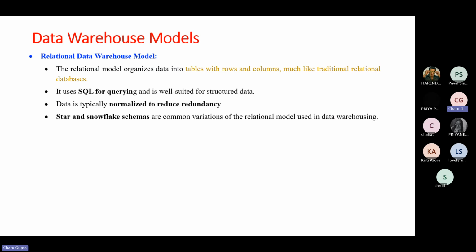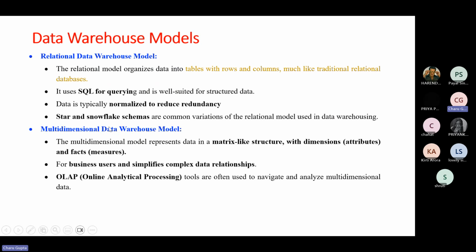The different data warehouse models are the relational data warehouse model, wherein the data is organized in tables and rows. It uses SQL, and examples are star schema and snowflake schema. Next is multidimensional, wherein the data is represented as matrix-like structures with dimensions as attributes and facts as the measures.